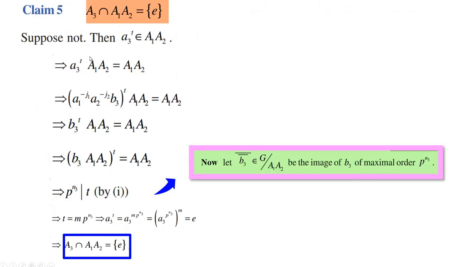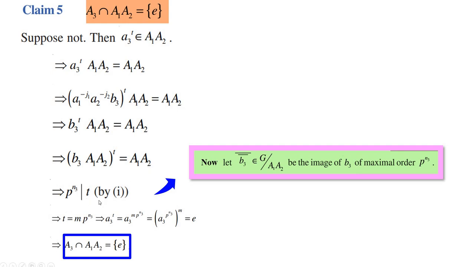So now we claim that A3 intersection A1, A2 is the singleton E. Suppose this is not true, this is similar to the previous case. So suppose a3 per t, which is a member of this, belongs to A1, A2. So you have this step, and a3 is replaced, so you have this step, and this is absorbed by this, so you have b3 per t alone coming here, and A1, A2 being normal, you have this step, and this is b3 bar, the whole bar, this one, that is of order p power n3, and this is for any other integer t that you have.